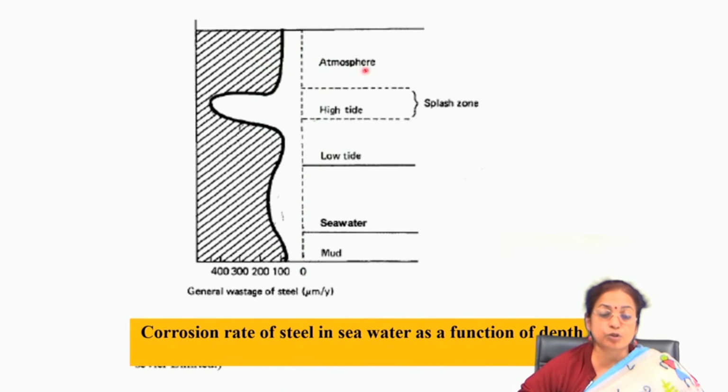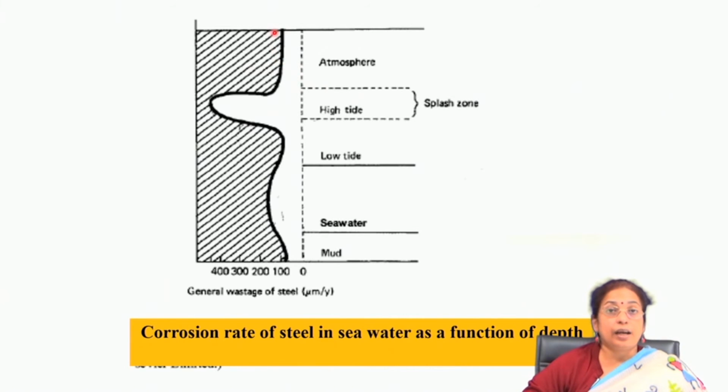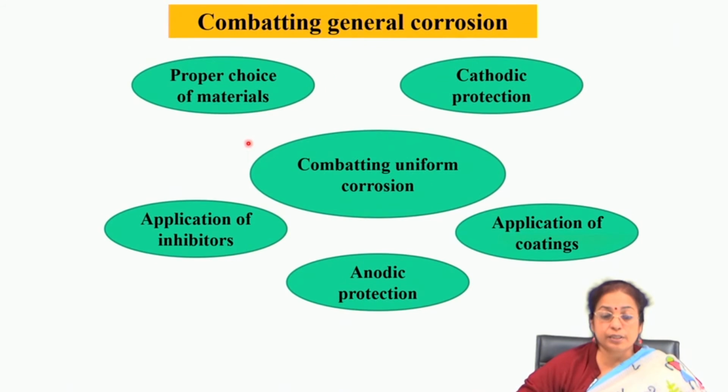You will find that the atmospheric corrosion rate is more or less the same, and as you move deep inside the sea, the corrosion rate changes to a large extent because of different forms of corrosion working over there, because the corrosion attack is no more general corrosion. In that case, it changes from general corrosion to erosion corrosion. That is a different mode of corrosion we will discuss in the next few slides.